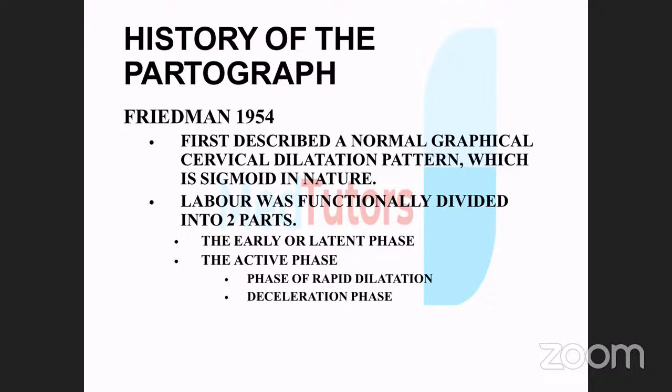He first described the normal graph of the cervical dilatation pattern, which is sigmoid in nature. And based on this, labor was functionally divided into two parts: the early or latent phase and the active phase. And the active phase is said to have a phase of rapid dilatation and a deceleration phase. Next slide.